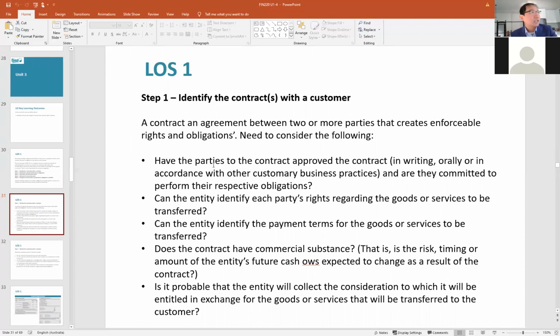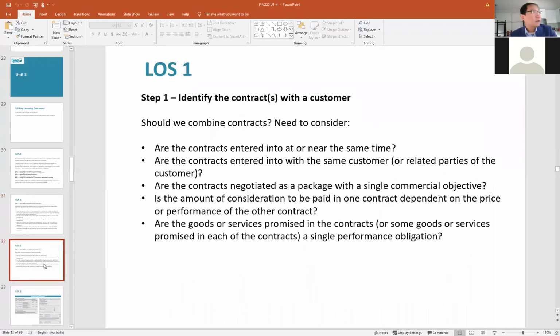And so the idea here is that there's an agreement between 2 or more parties that creates an enforceable contract with rights and obligations. And there's going to be a contract. That contract doesn't necessarily have to be in writing, but it clearly specifies the obligations from each party. So that's all you need to know for step 1.